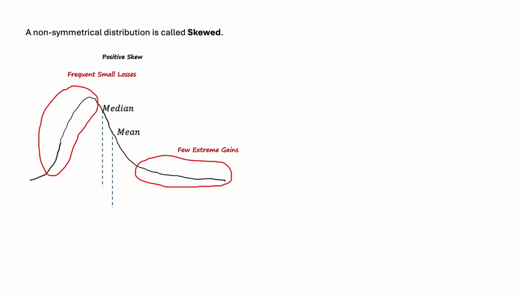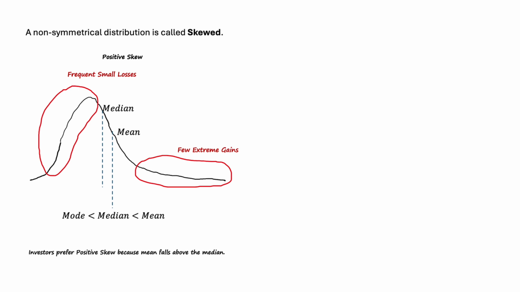And so this implies here, and you can see the mode is even less than the median and the mean, because the mode, the most frequent values here, are occurring to the left of the median. So typically, investors prefer this positive skew because the mean falls above the median. And so typically, investors are attracted to that.